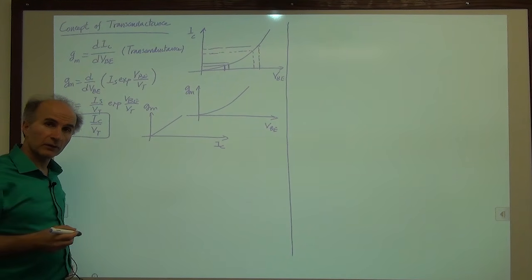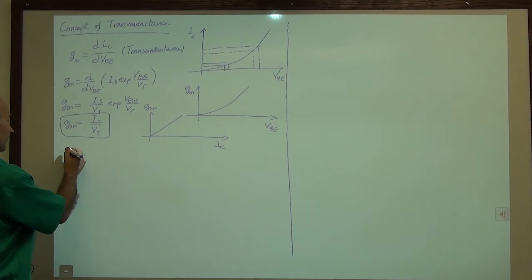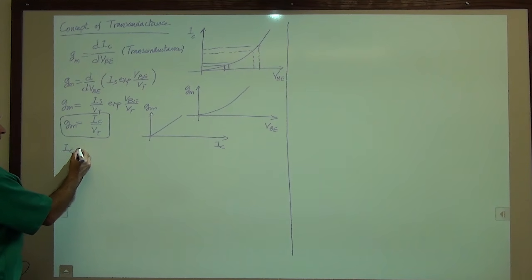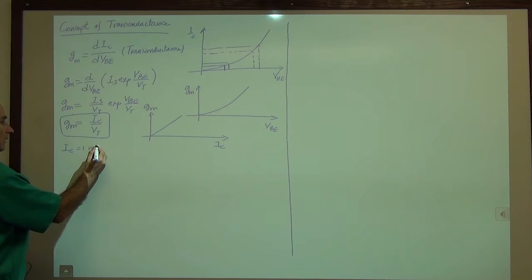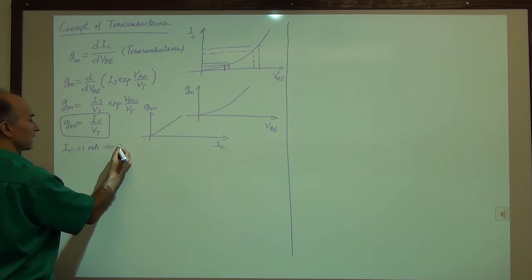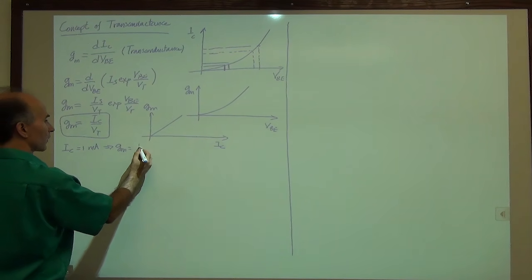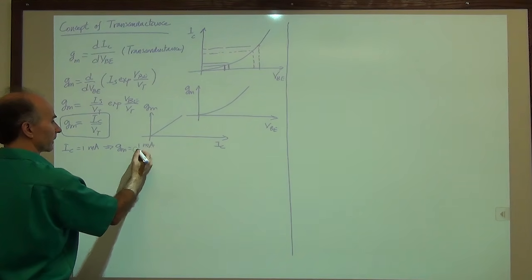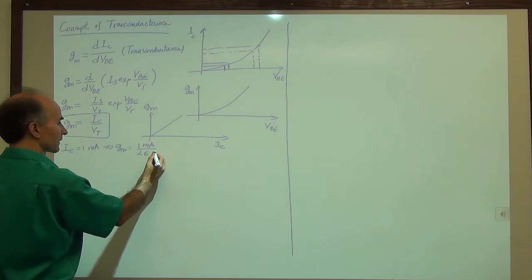So one simple number to remember is the following. If IC is 1 milliamp, then GM is 1 milliamp at room temperature over 26 millivolts.